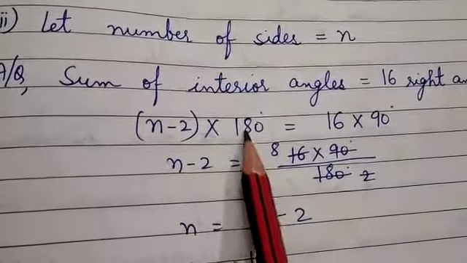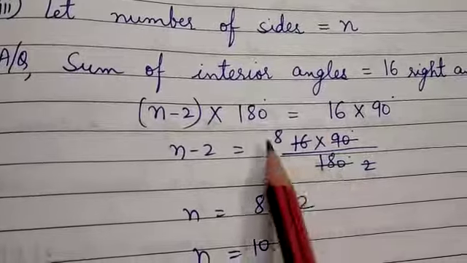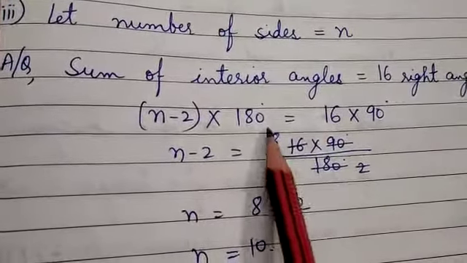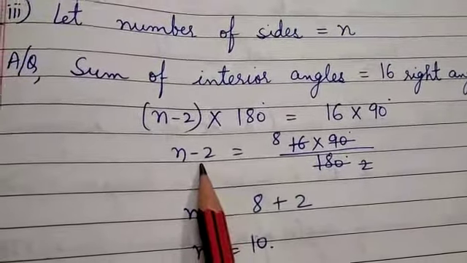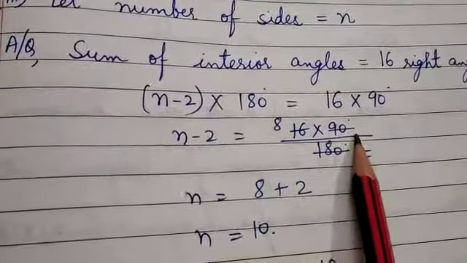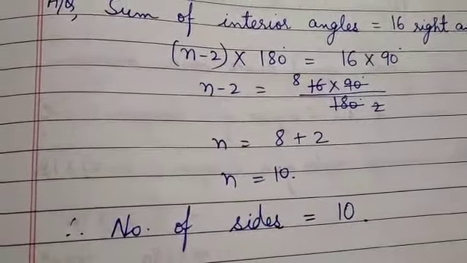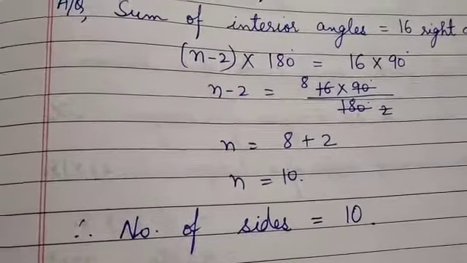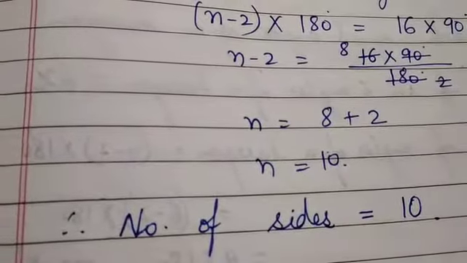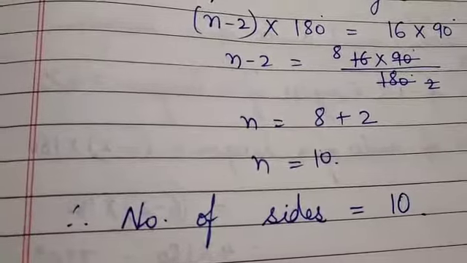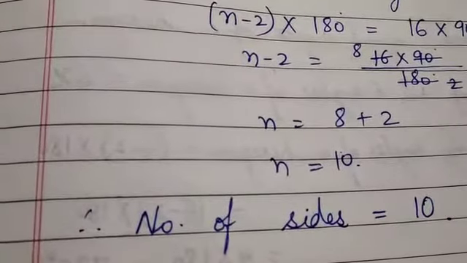Divide by 180 degrees. Simplify this, it will come 8, and this minus 2 after transposition will become plus 2. So n is equal to 10, which means the number of sides is equal to 10. In a similar way you can do the rest of the subparts of 3.